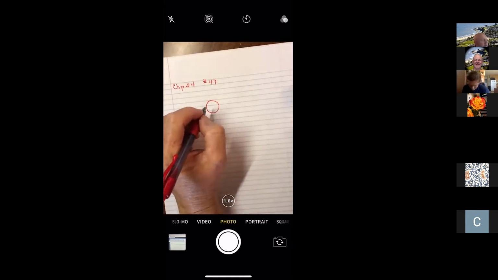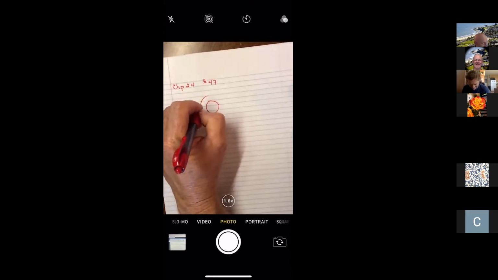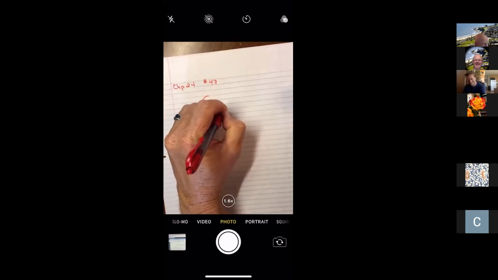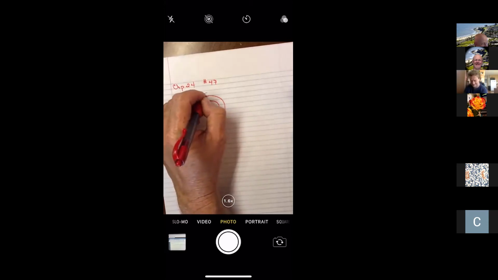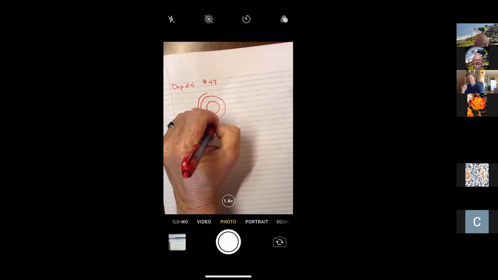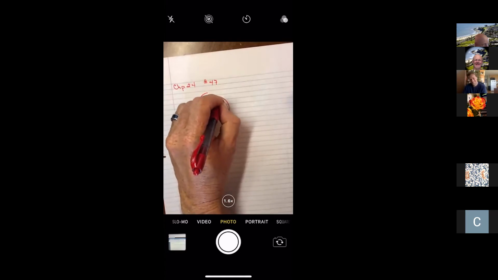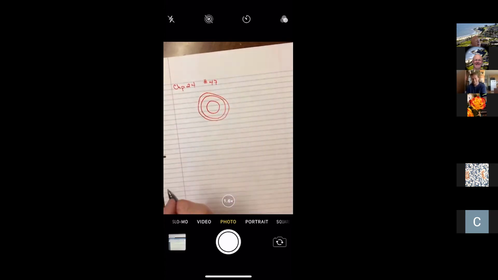So here is the inner sphere, which they call an insulator. Then there's a little bit of gap in space, and concentric around it is a conductor.